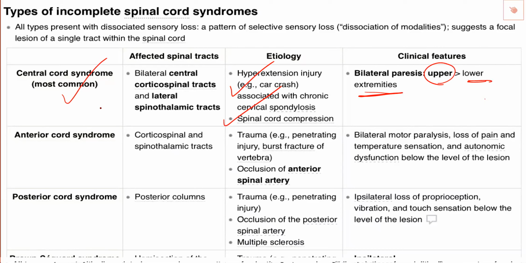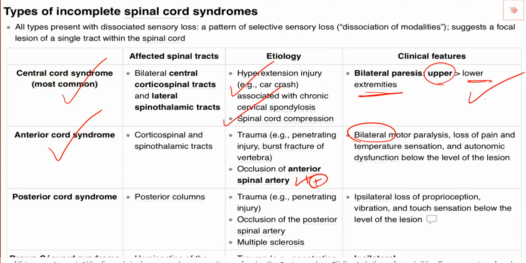Anterior cord syndrome and its variant, Adamkiewicz artery affection due to aortic repair. The affection is motor and sensory, bilateral, because this is the anterior portion as a whole, like pantalon or trousers affection. Here is jacket affection, central cord syndrome.